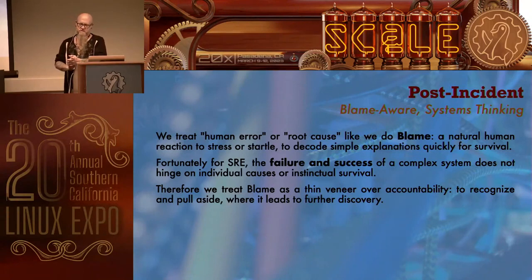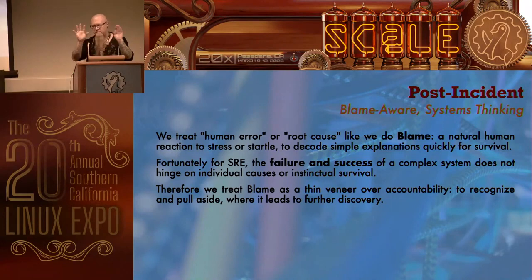They're mechanistic ways for us to try and decode a very complicated or complex situation. We want that simple explanation. We want that simple thing to go to and point at, and we're able to point to it and say, there's the blame, there's the root cause, there's the human error.